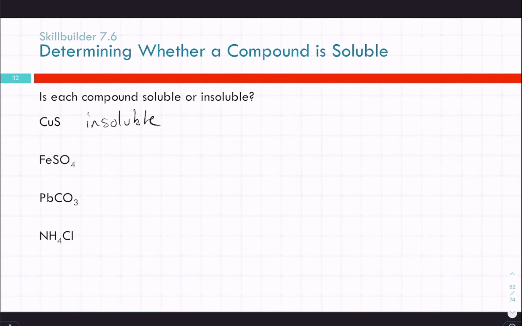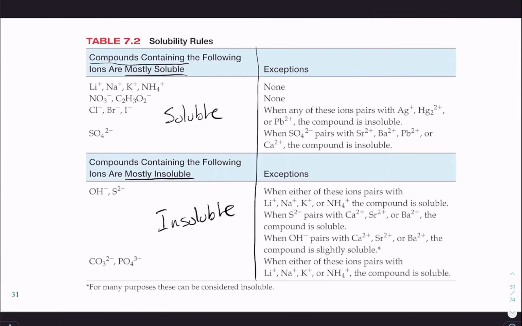Okay, so the next one, iron sulfate. Go back to our list. We're looking for iron and looking for sulfate. If you don't find one, then look for the other. Sulfate is here. Let me try and do this too, because it's kind of like this.